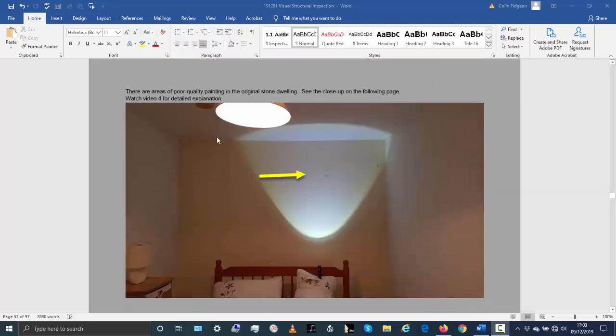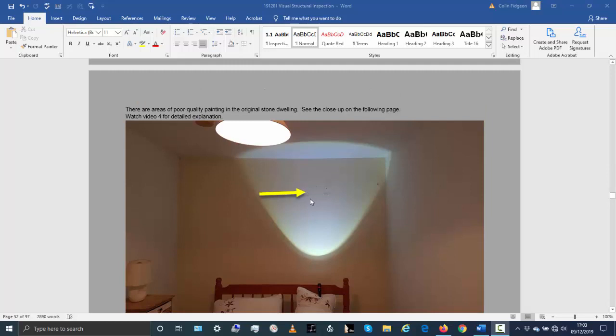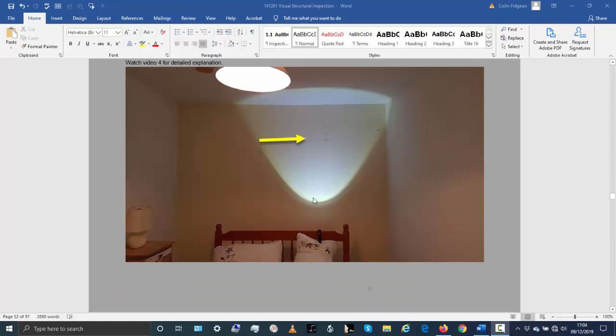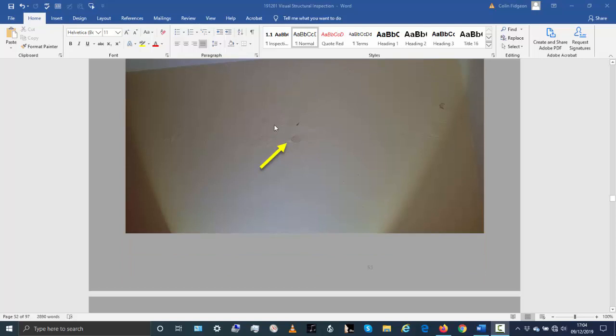The other problem I noticed, particularly with the original stone dwelling, is the paintwork. Some of the areas of paintwork are peeling, and it just appears to be a poor paint job. When I put the moisture meter on it, the next page is a closer view of the same area. The moisture meter indicates that it's currently dry, so it's not a case that there's moisture penetrating. It just seems to be a case that it was poorly painted.